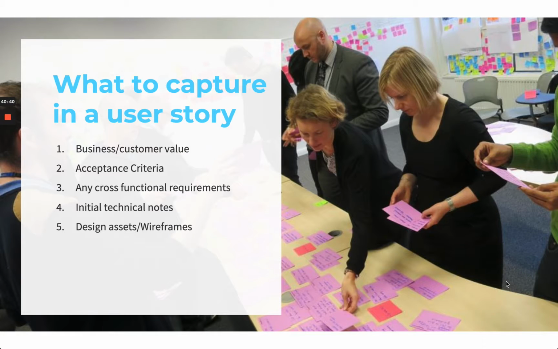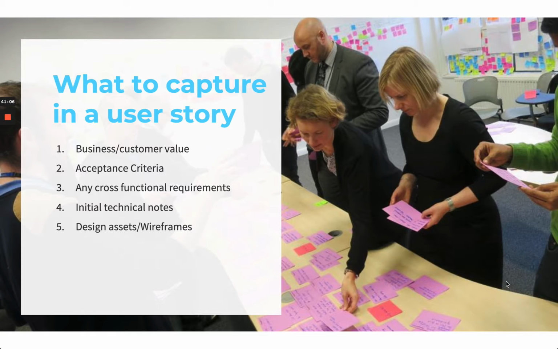Another thing to say, based on that INVEST framework, which gives the criteria for good stories, let's see what we have to capture in a user story. Obviously, there is a lot more you can add. These are the recommendations we have as the minimum things you can consider in stories, but depending on your context and your project, you can absolutely add to this list.